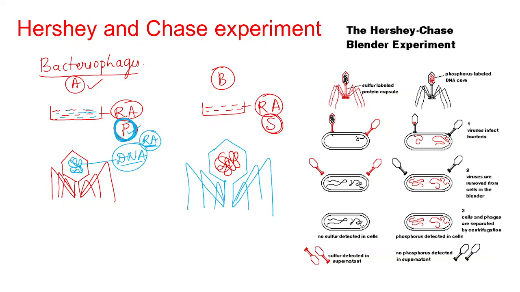Is that clear? That means simply they have labeled the protein coat and the DNA with the help of radioactive phosphorus and radioactive sulfur. With radioactive phosphorus they have labeled the DNA, and with radioactive sulfur they have labeled the protein coat.